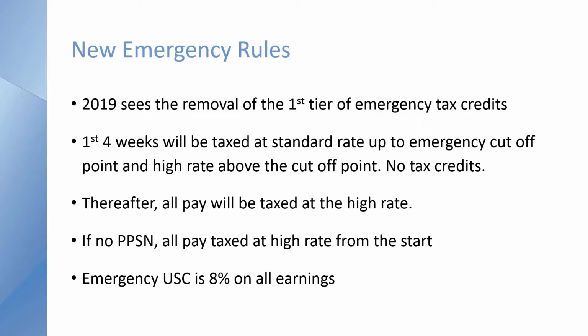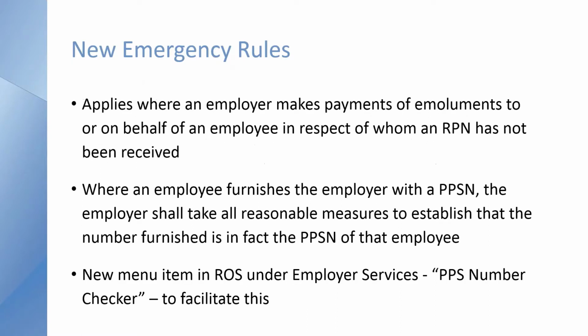Thereafter, after that 4-week period, all pay will be taxed at the high rate. And as it is now, if there's no PPSN, all pay is taxed at the high rate from the very beginning. So that's a change which might have gone under the radar somewhat in terms of your own practices.